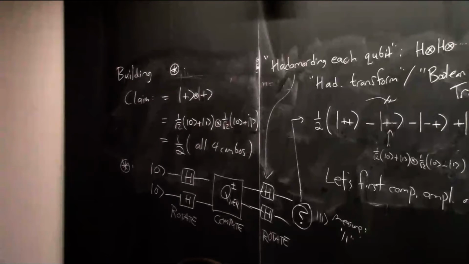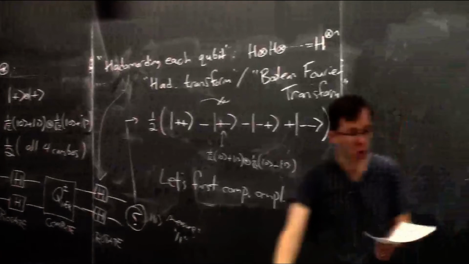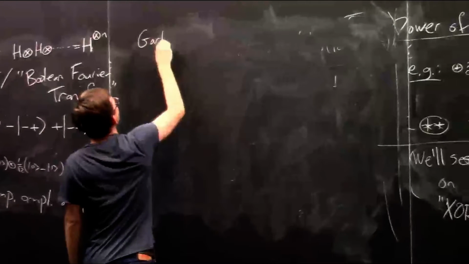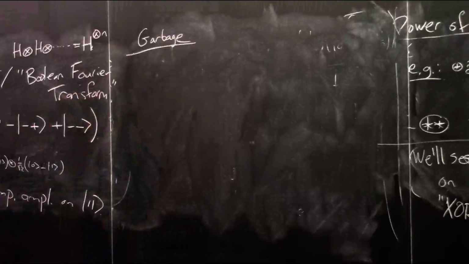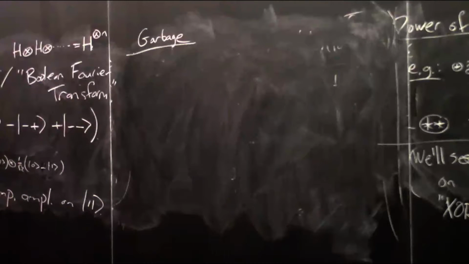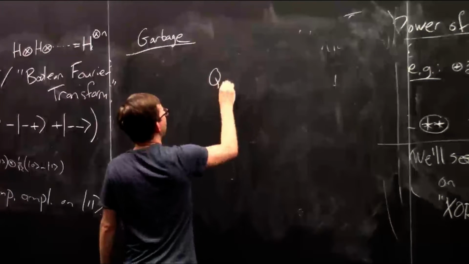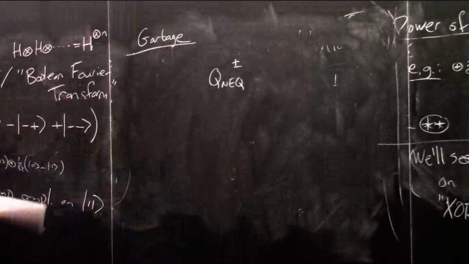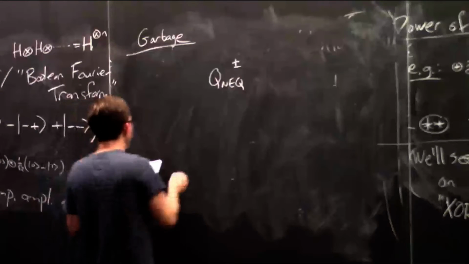Okay, running a little bit behind time, but let me blurt out something really fast. That's a total aside on the subject of garbage. Suppose that we had this sort of classical circuit, but made quantum, that implemented this not equals thing.